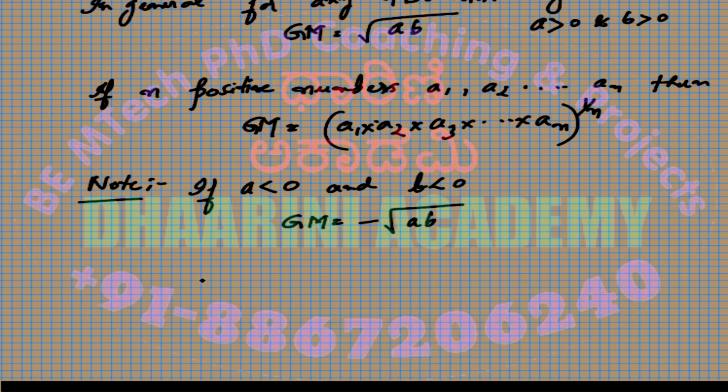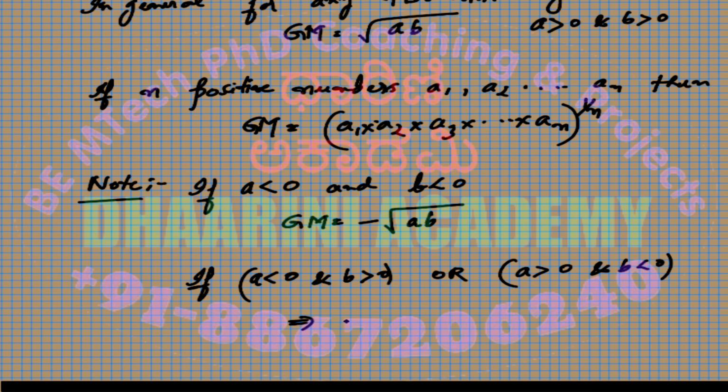But if a less than 0 and b greater than 0, or the other condition is a greater than 0 but b is less than 0. Either this is one condition or this is the other condition. One of them is negative, right? This implies the geometric mean does not exist. There is no geometric mean.